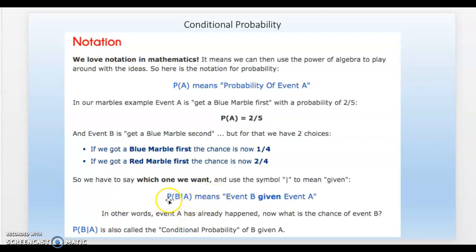P of B, then a straight up and down line, and then A inside parentheses. What that means is event B given event A. What's the probability of event B happening, given that A already happened? The one that happened first is written last. We're looking at the probability of B happening, given that A has already happened.